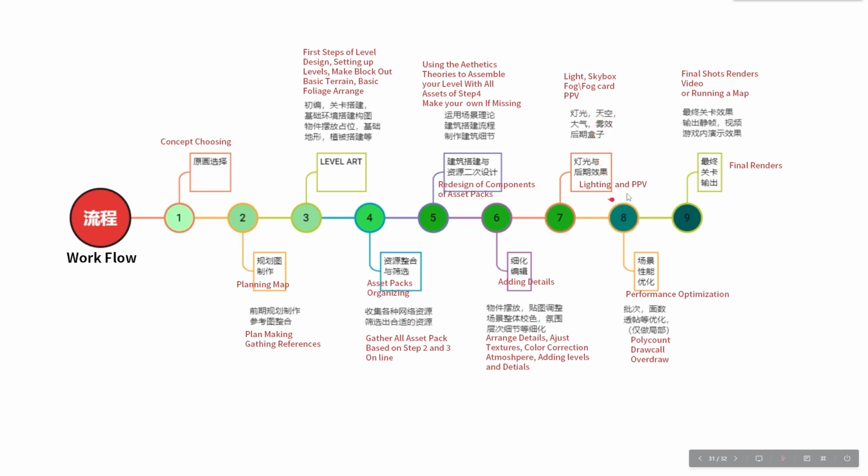Okay, step 8: we have all the artistic things, now we should improve the performance. This is a very serious step because we are facing the Chinese market, and we are facing mobile games, so this step is very important. You should take a look at the draw calls, the polygons and the transparency.